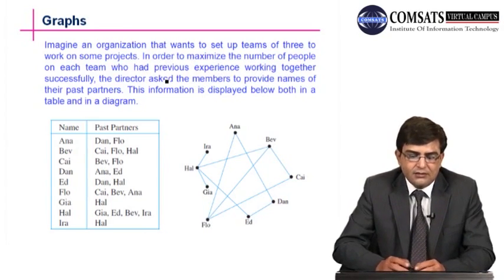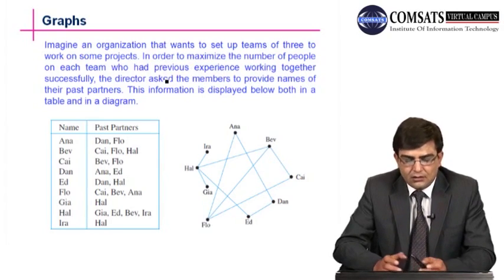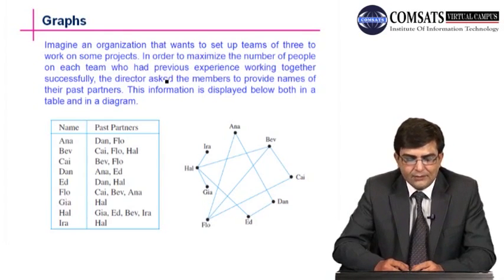The director asked his subordinates to provide a list of names of their past partners who have done some projects together. This information is displayed below, both in a table and in a diagram.